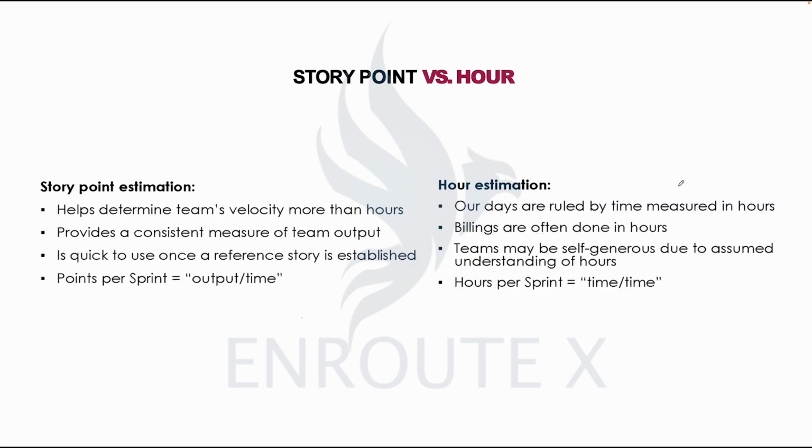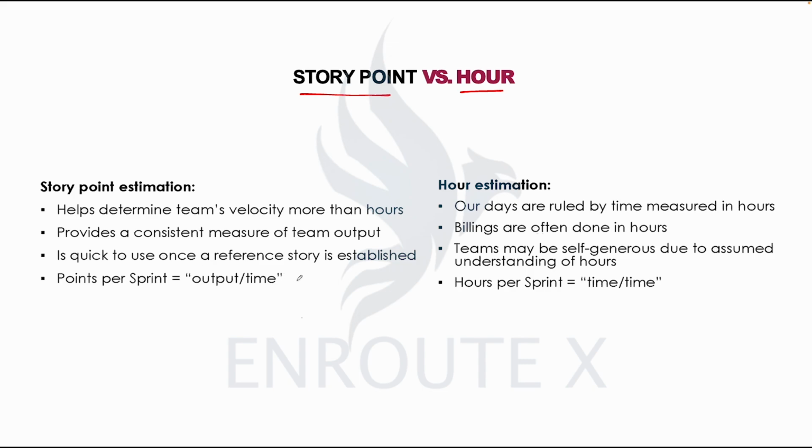All right. So in this slide, we would see that the story point is different from calculating by hours. Story points help determine team velocity, month and hour. It provides a consistent measure of team output.